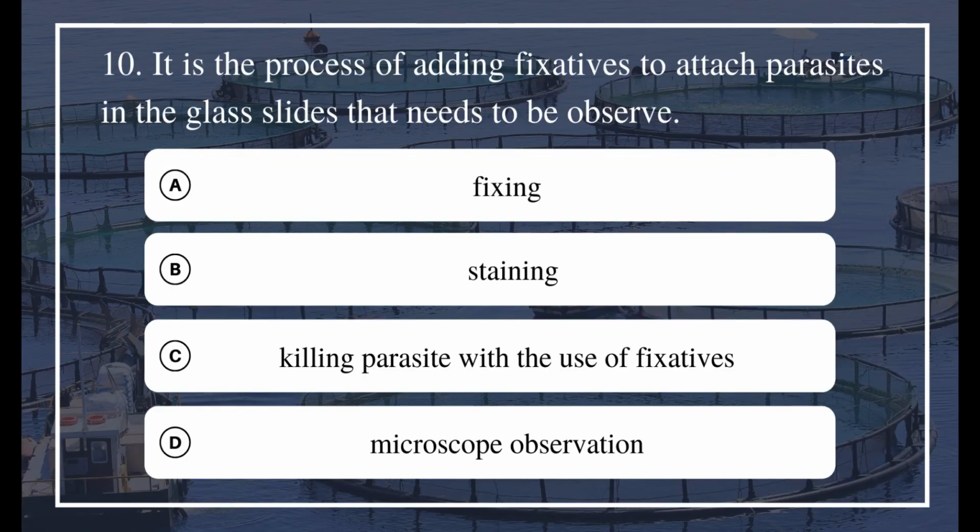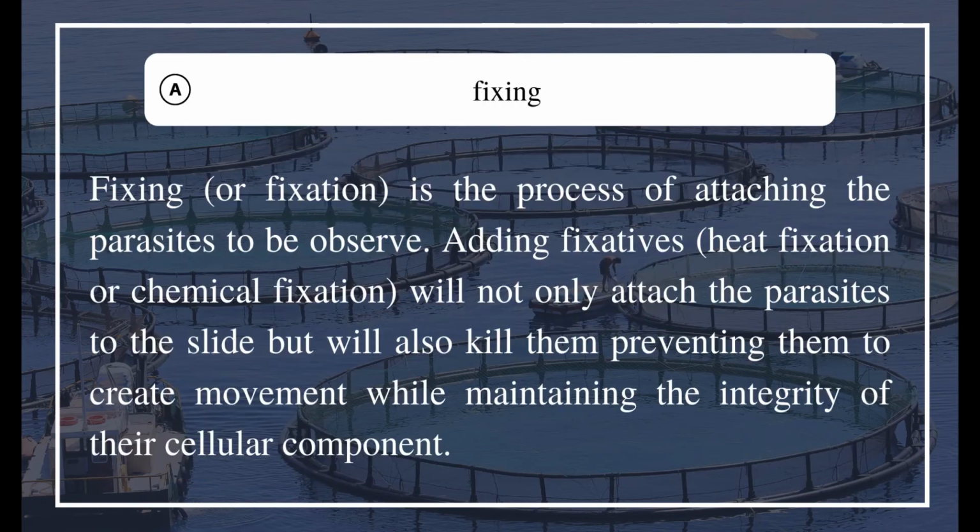10. It is the process of adding fixatives to attach parasites in the glass slides that need to be observed. A. Fixing. B. Staining. C. Killing parasite with the use of fixatives. D. Microscope observation. The answer is A. Fixing.